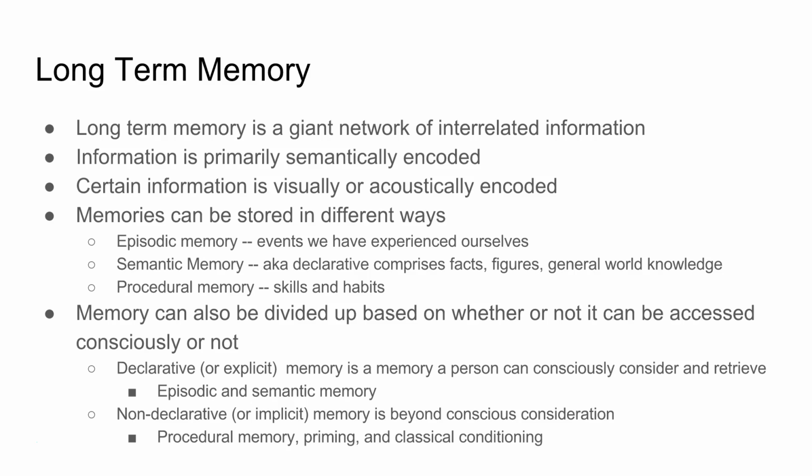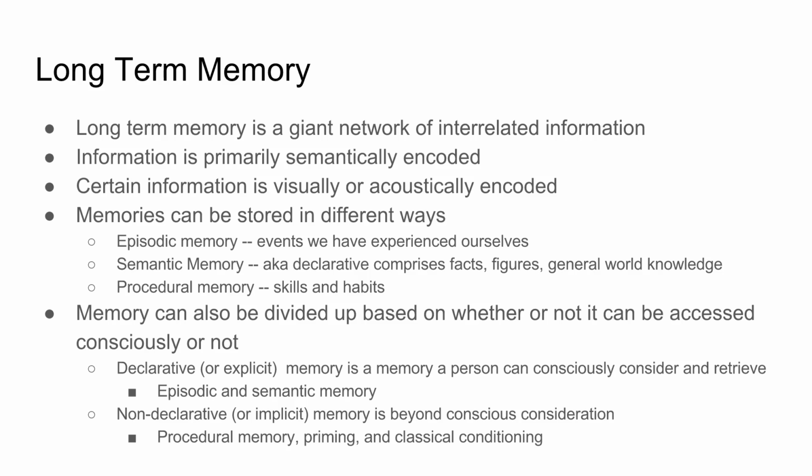Information you learn in school is all in this semantic memory. And then there's procedural memory, which are the skills and habits that we have. And this procedural memory, interestingly enough, tends to be relatively safe from damage. It tends not to be damaged very often, which is nice. That's one way of dividing up memories, is how we store it and how we experience it.